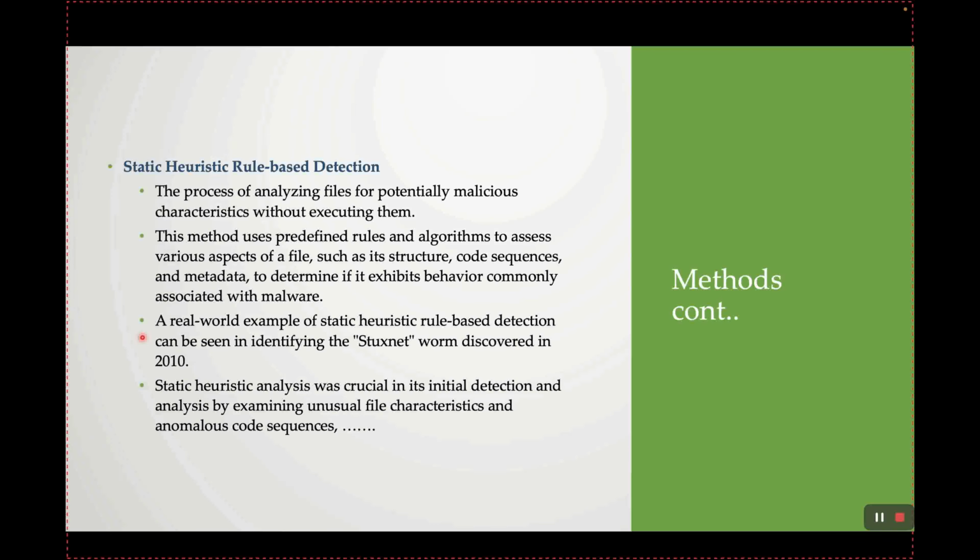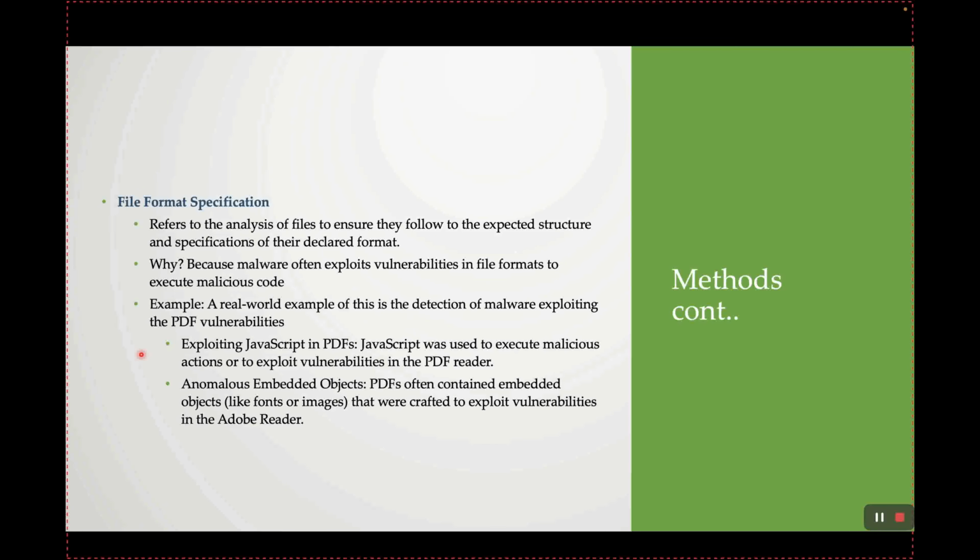A real-world example of this type of detection can be seen in identifying the Stuxnet worm, which was discovered back in 2010. This method relies on identifying patterns and characteristics that are often, but not exclusively, associated with malware. It is a proactive approach that can detect new, previously unknown threats, but can also result in false positives.